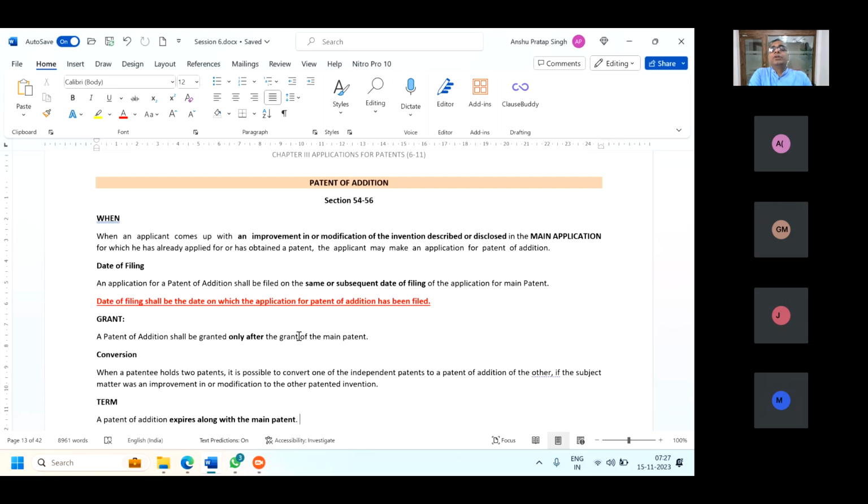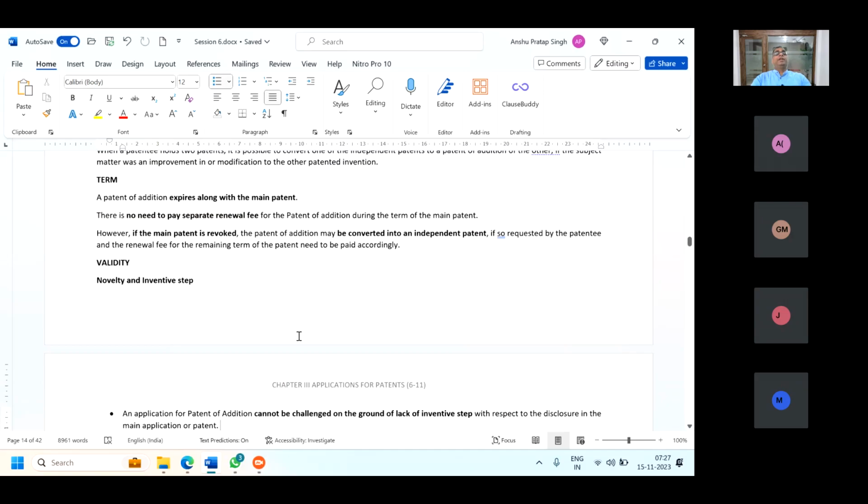So conversion is also allowed. If you have two patents and one is nothing but an improvement of the other, then yes, you can ask for the conversion of one of the independent patents to become the patent of addition of the other.